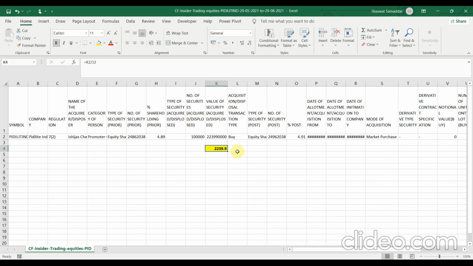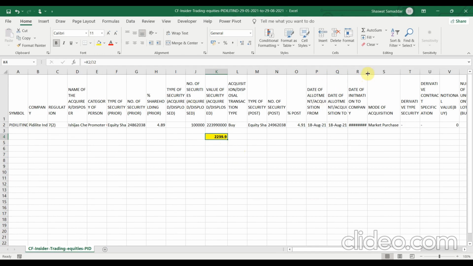2240 approximately. Now, apart from this particular number, there are three columns which are important: the date of allotment and the date of intimation. These dates would tell us at which date the promoters entered into this particular stock, so that we can decide what happened in this stock from this date, and we can decide our positions accordingly.